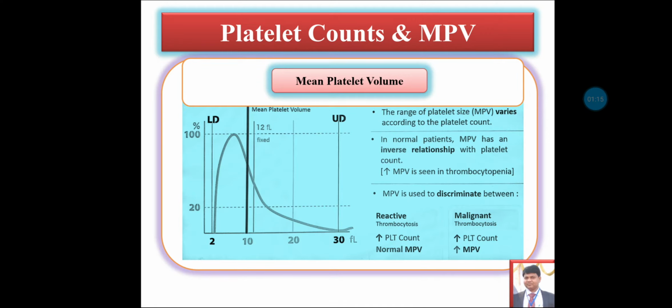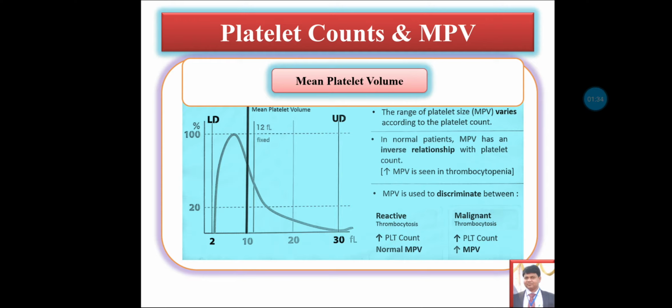It is very important to know about the relationship between the platelet count and the mean platelet volume. Here you can see that with the help of MPV and the platelet count, we are able to differentiate the two conditions, reactive thrombocytosis and malignant thrombocytosis.